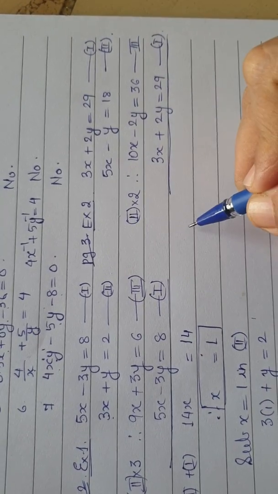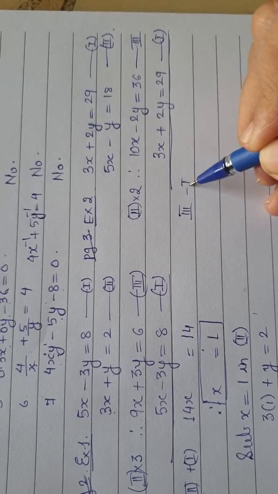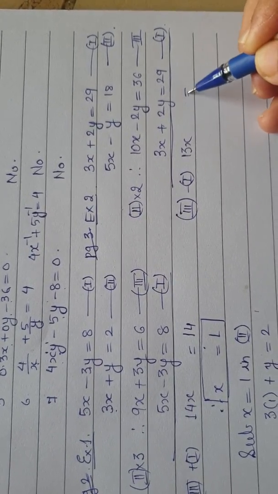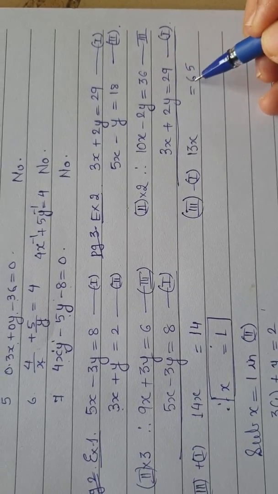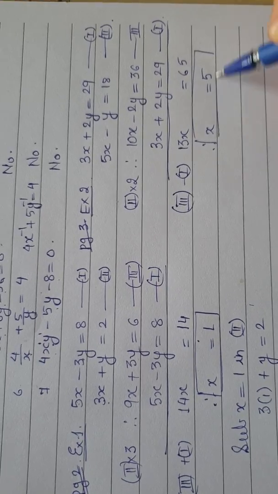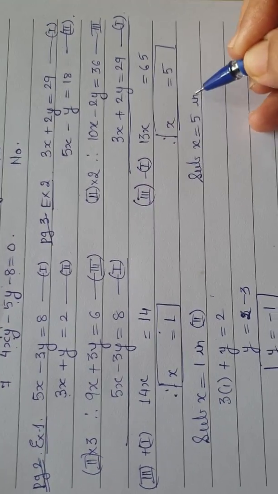Again, we are going to do the same thing because the signs are opposite. We are going to add. If the signs are the same, we are going to subtract. I'll show you in some other example. So this becomes 13x and this becomes 15 and this is 65. So x is equal to 5. Now we substitute the value of x is equal to 5 in equation number 1.